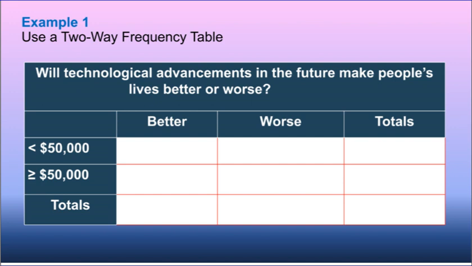So I have a two-way frequency table created right here. We just need to fill in the boxes. Now, if we look back at the problem, it did say that of the people interviewed, 423 earned less than 50,000.